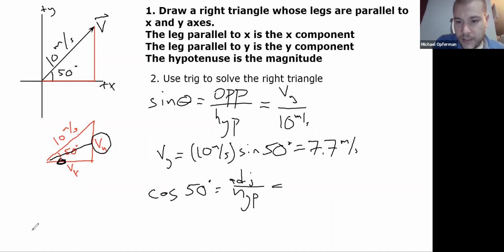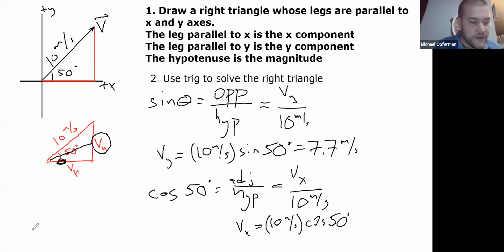You can see there because it's touching the 50-degree angle, and the hypotenuse is still going to be 10. So this means Vx is 10 meters per second times cosine of 50. And that gives me 6.4, I got.